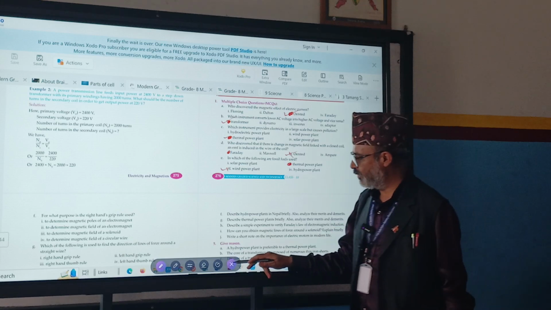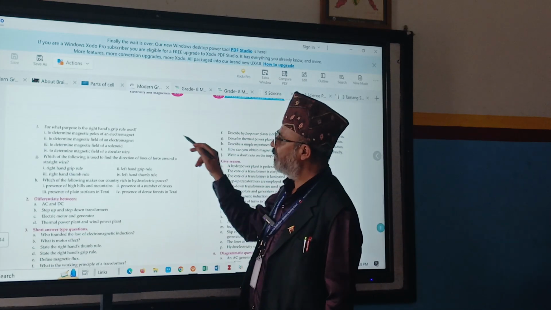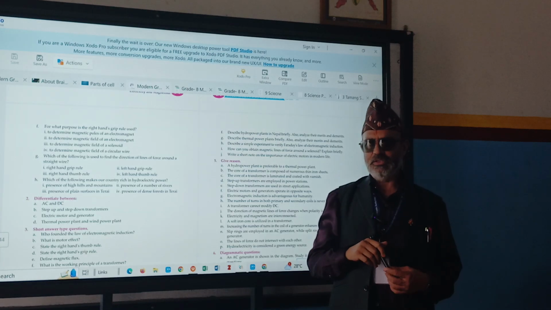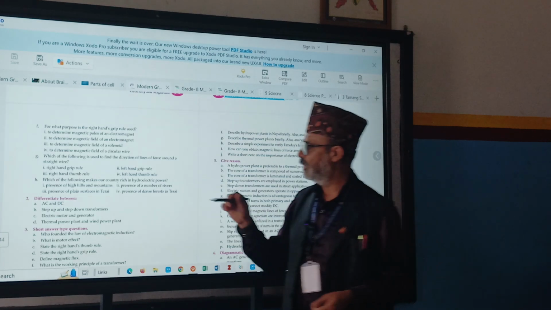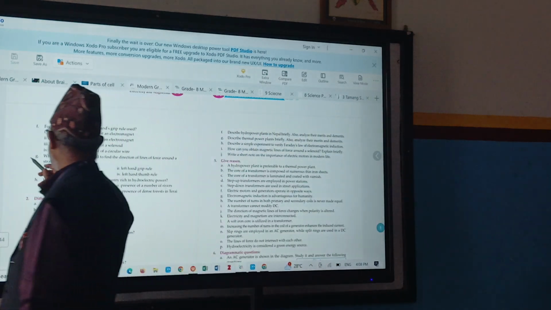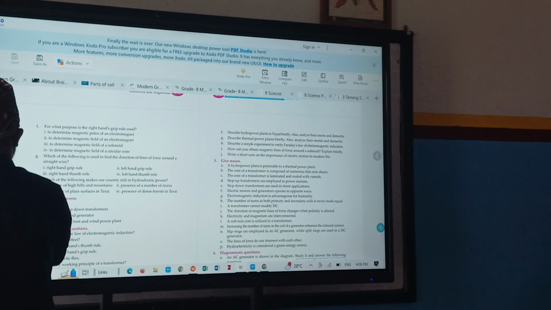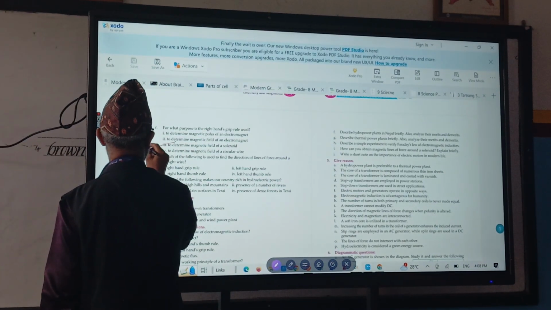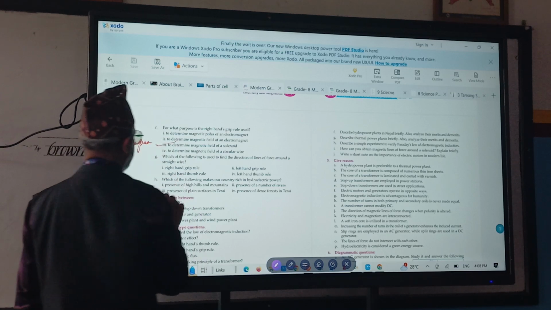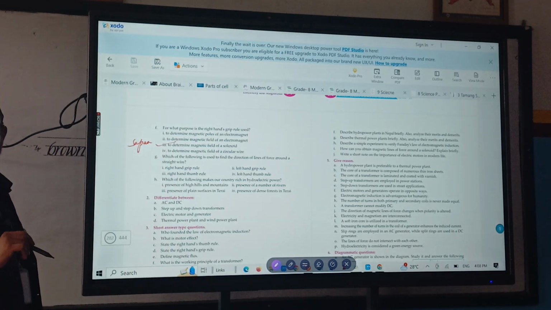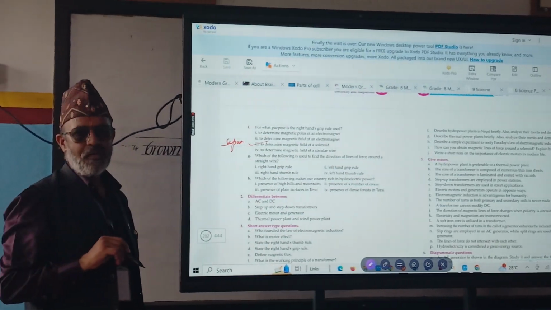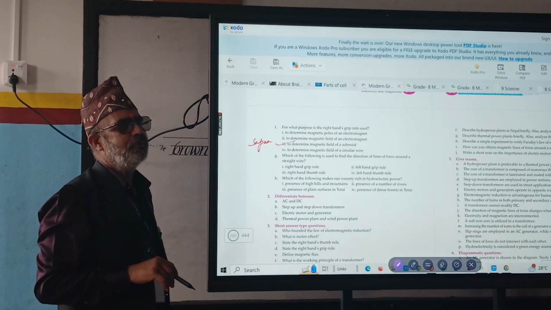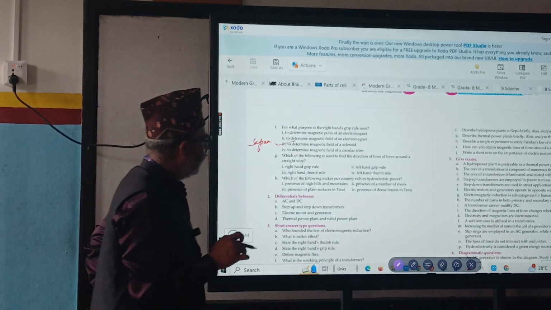Okay. Now how many more are there? We will be discussing F, G, H. Now who wants to say F? Okay, any group you can just tell me. Third, okay. Sapan said third. Sapan. Number G. Oh, future science.